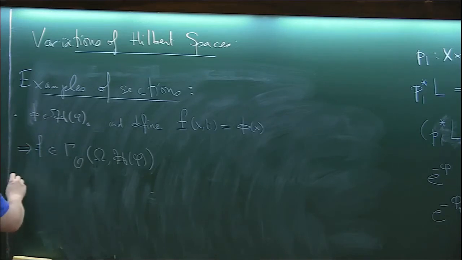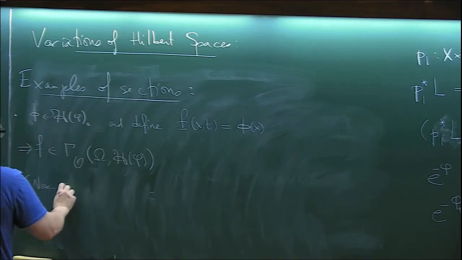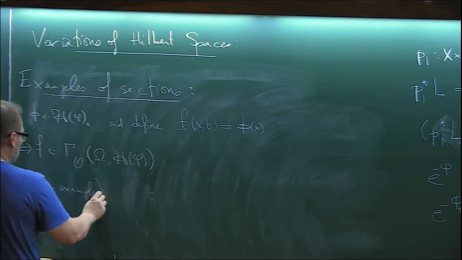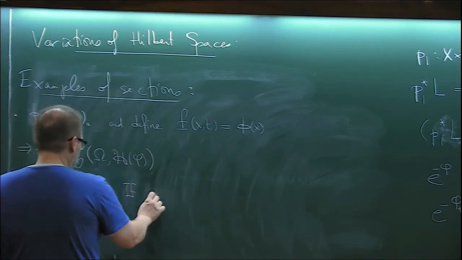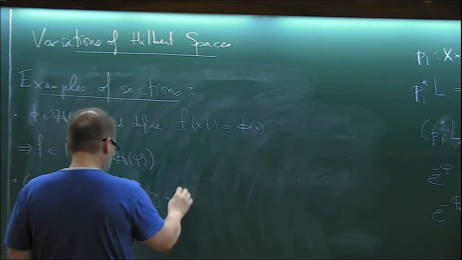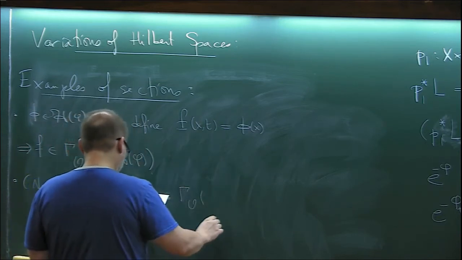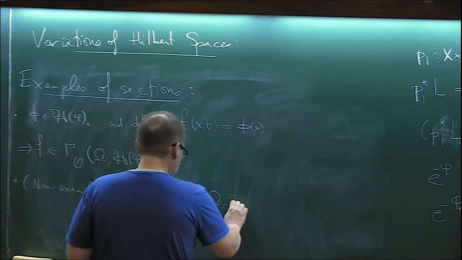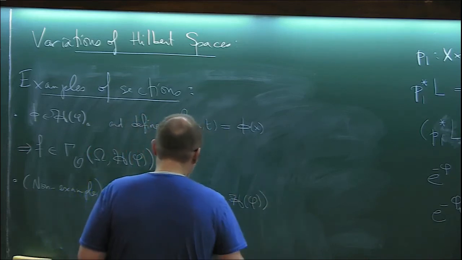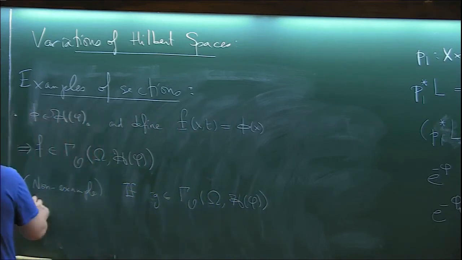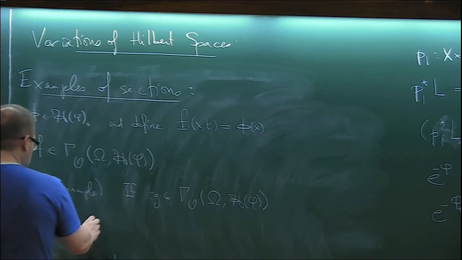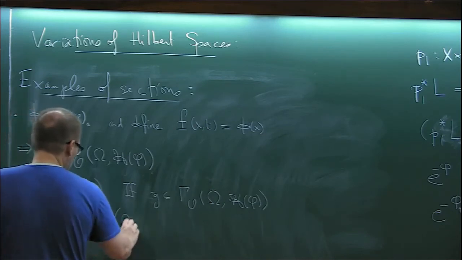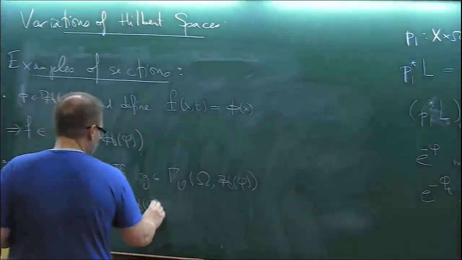Here's a non-example. So let's say, for example, if G is such a holomorphic section, then you can define, let's call it C sub G. So this will be in gamma of omega H of phi star.